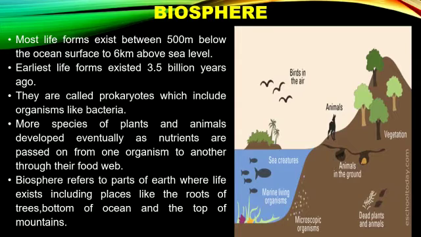The sea creatures, marine living organisms in the oceans, birds in the air, animals on the ground, vegetation, trees, plants, even the microscopic organisms all comprise the biosphere. Biosphere refers to the part of Earth where life exists, including places like the roots of the trees, bottom of oceans, and the top of the mountains.